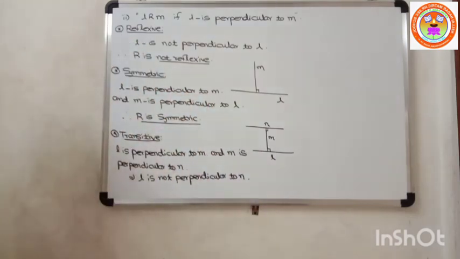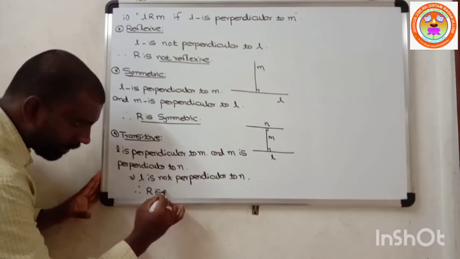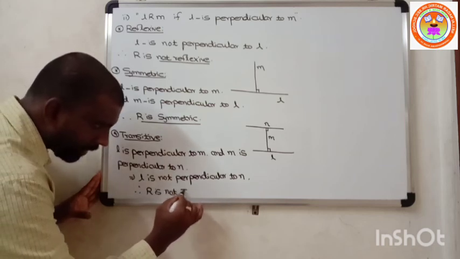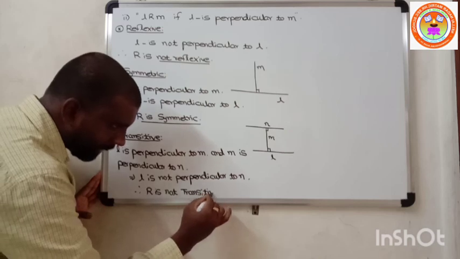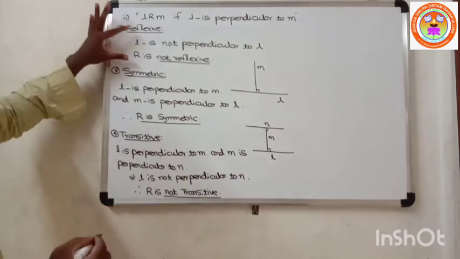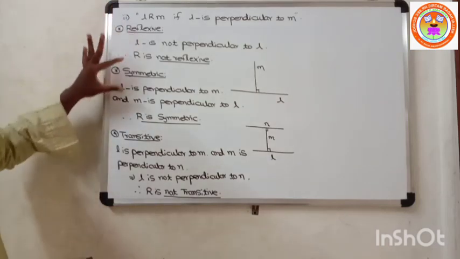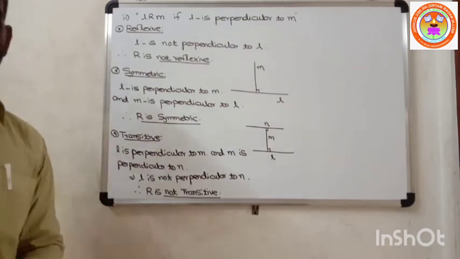Therefore, R is not transitive. So, not reflexive, symmetric, not transitive. So, thank you children.